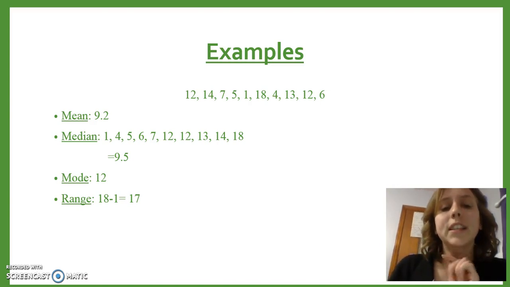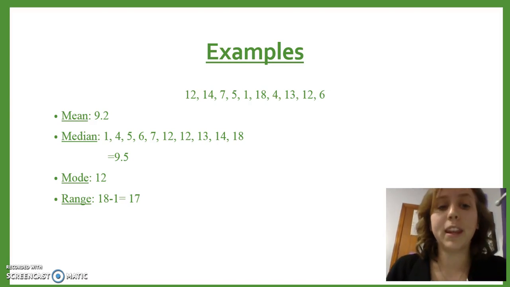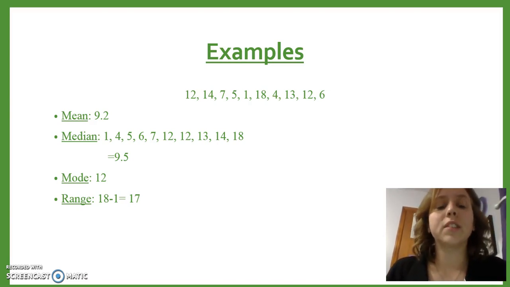Somewhere in between 7 and 12 is going to be the median. So the next thing you do is 12 plus 7, which gives you 19, and divide it by 2. We're going to find the average of those two, which will be the middle of those two. So 9.5 is the middle.